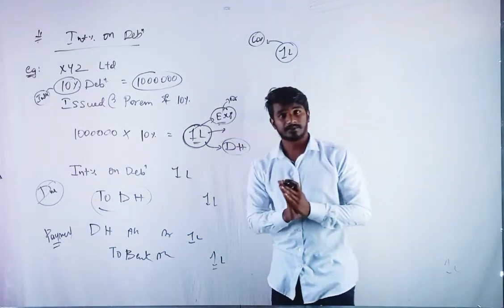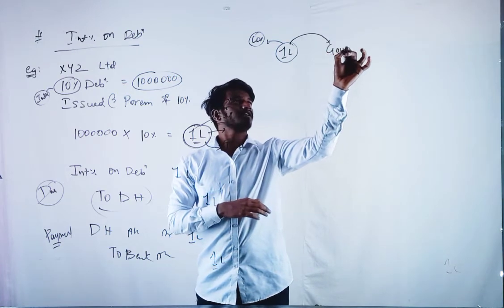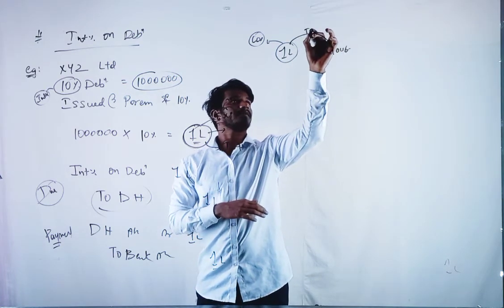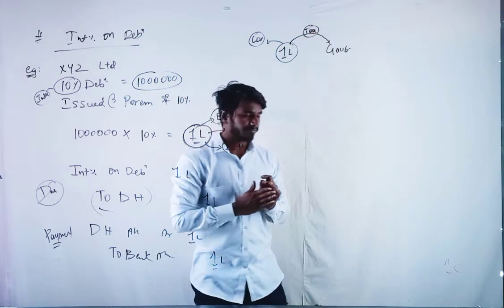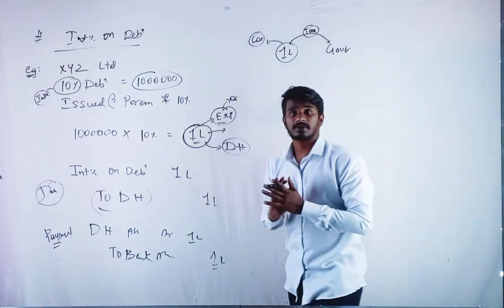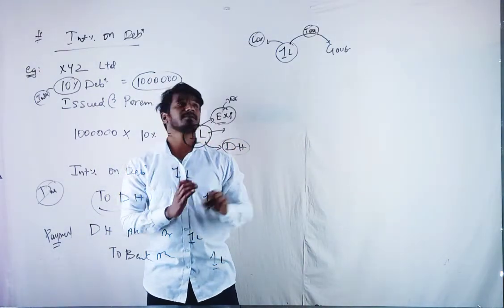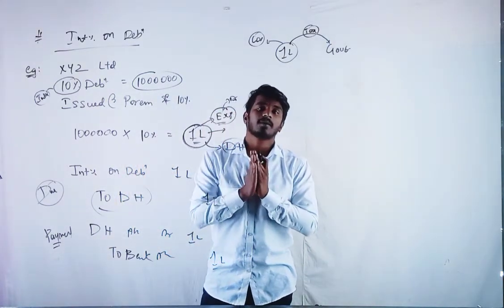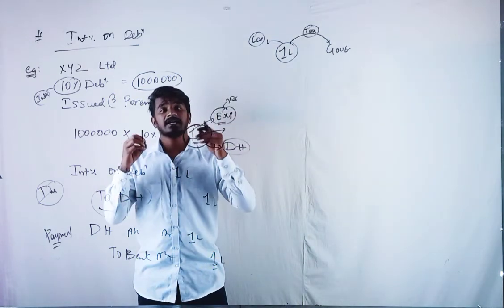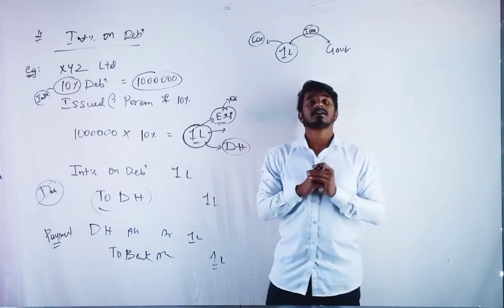Yes, he should pay tax to the government. But is that possible? Can the government trace each and every debenture holder? No, it is not possible, because there will be n number of people who are holding the debentures.